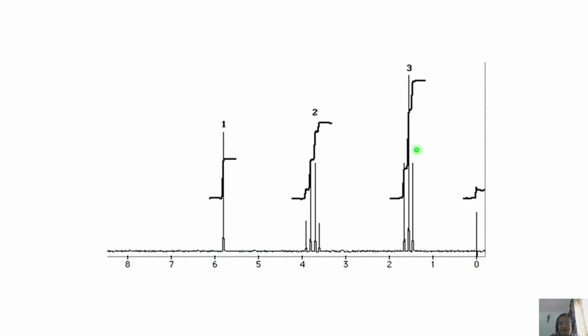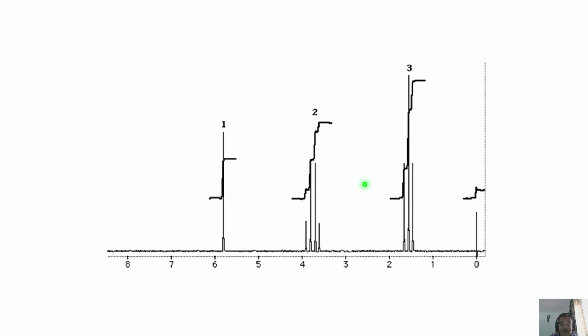Common sense tells me this triplet, when it is of intensity 1:2:1, must be attached to a CH2 group. As a consequence, CH2 splits this proton into a triplet.